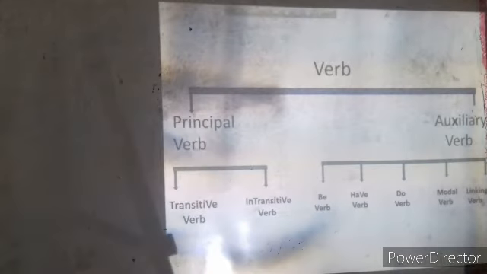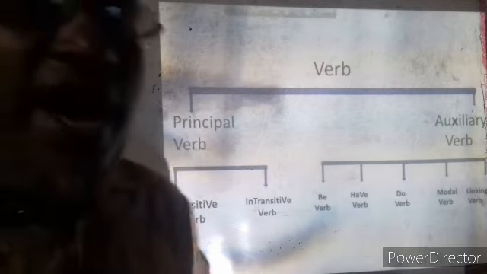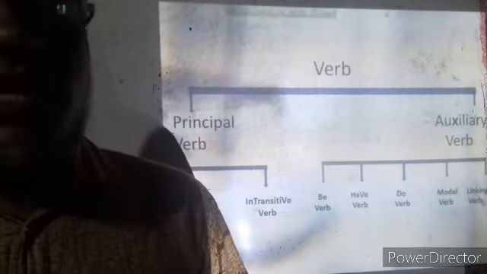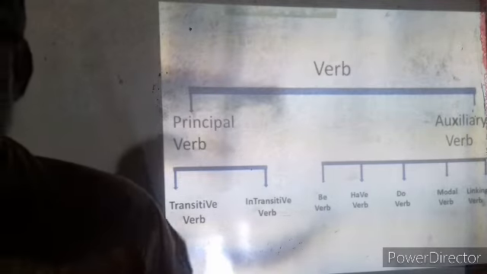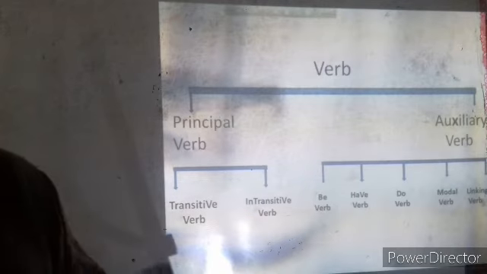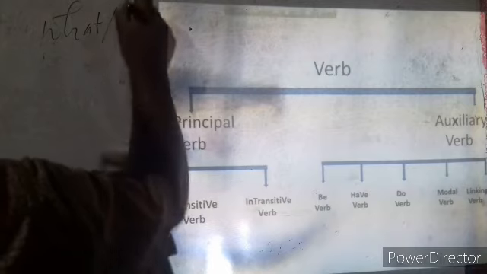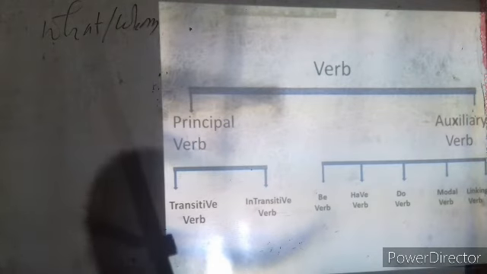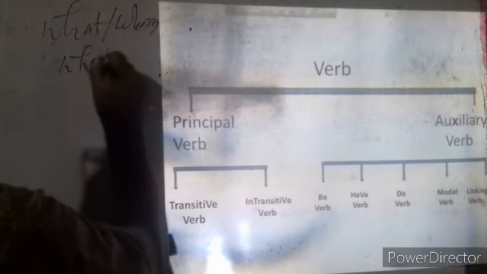Then another thing, intransitive verb. If the verb has no object. In other way, we can say if we are unable to ask the verb with what or whom, we can only ask the verb with where.